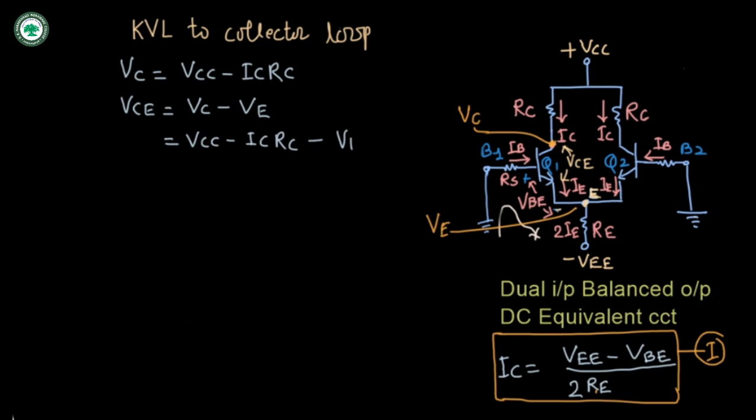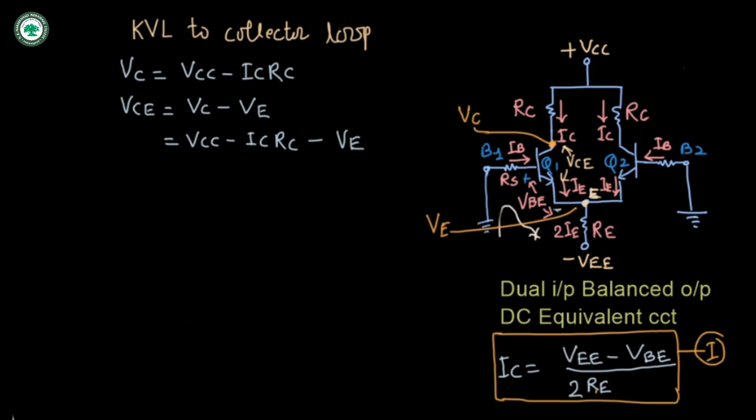minus VE. Now if we look at the input side of this transistor Q1 and apply the KVL again, what is the value of RS? RS value is very small, and the current passing through this RS, that will be IB, is also small. So this value is almost negligible. So if we consider this VBE, almost all of VB will be here.